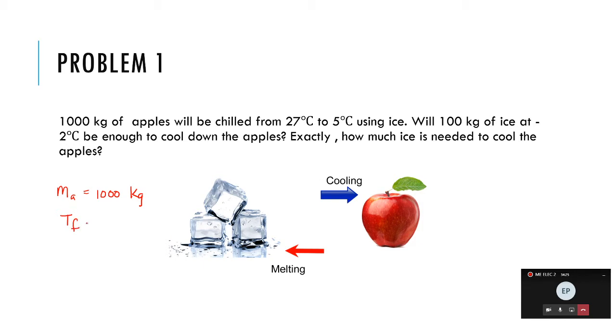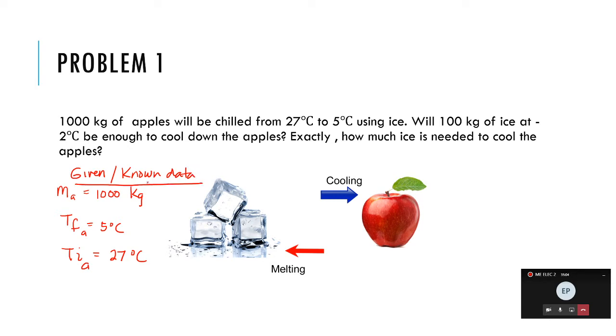The final temperature of the apple is 5 degrees centigrade, and the initial temperature of the apple, before cooling, before chilling, is 27 degrees centigrade. So these are the known data or the given, meaning it's provided in the problem.